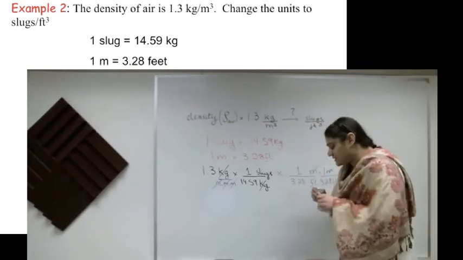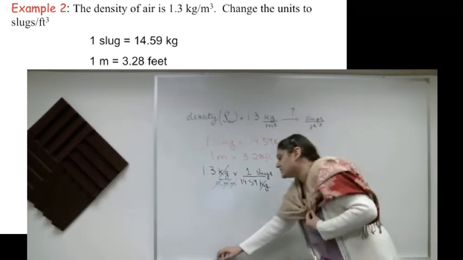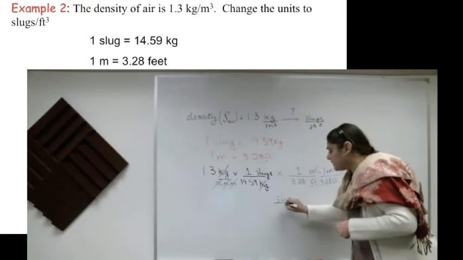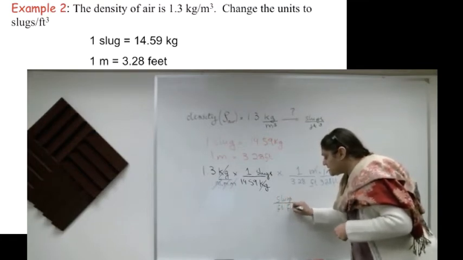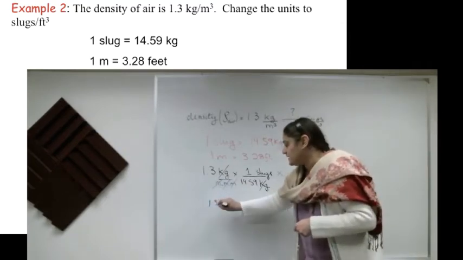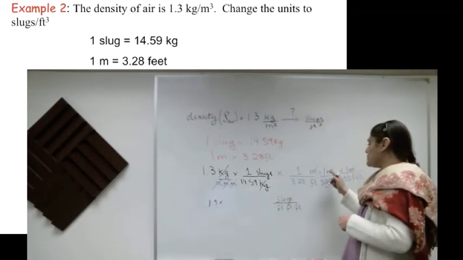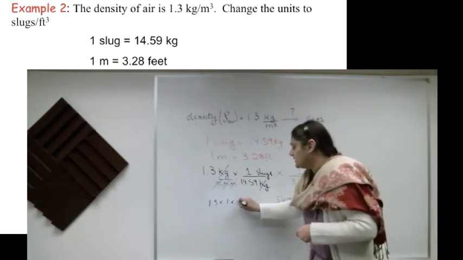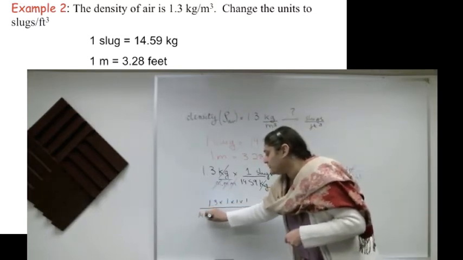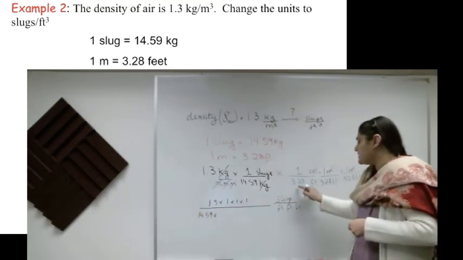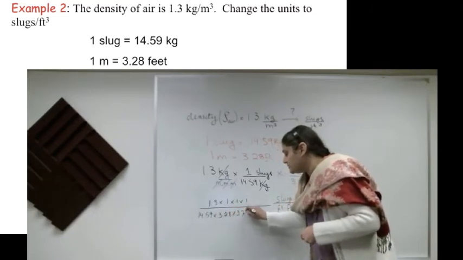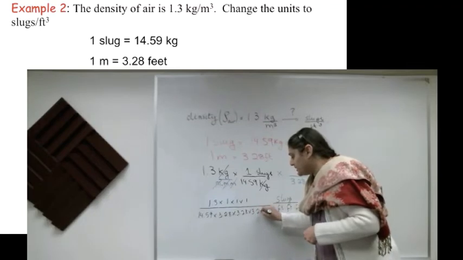So your answer is going to be slugs per feet cubed. And how do we do that? It's going to be 1.3 times 1 times 1 times 1, divided by 14.59 times 3.28 times 3.28 times 3.28.